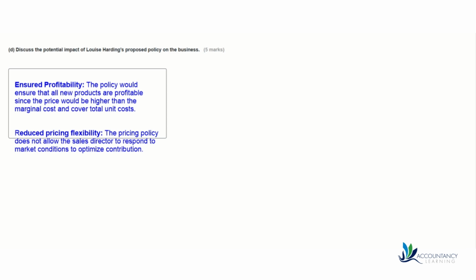As it states there, the pricing policy doesn't allow the sales director to respond to market conditions to optimise contribution. And what that means is it implies that the company's pricing policy is rigid, and it prevents the sales director from adjusting prices in response to changing market dynamics, potentially hindering their ability to maximise the profit generated per unit sold.